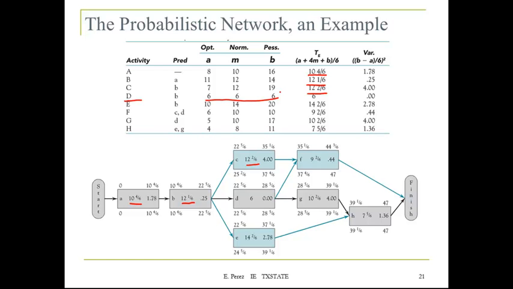Now, we have a duration and a variance, and we can also proceed to get the critical path. So in this case, it's going to be A, B, D, G, and H. And we're going to have a critical duration of 47 units. And that's only based on the expected value.